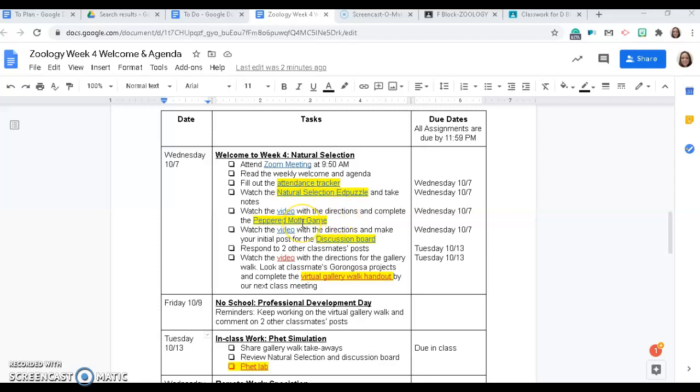Then there is the Peppered Moth game that you will play, and there's just a few questions about that. And then there's the discussion board, where you will look at costs and benefits of an adaptation in anole lizards.